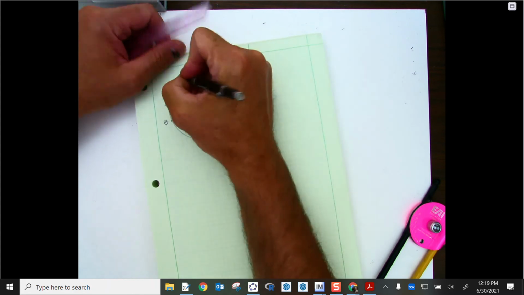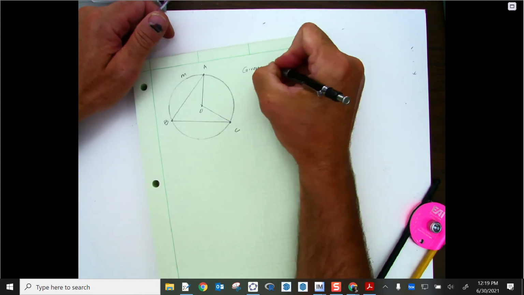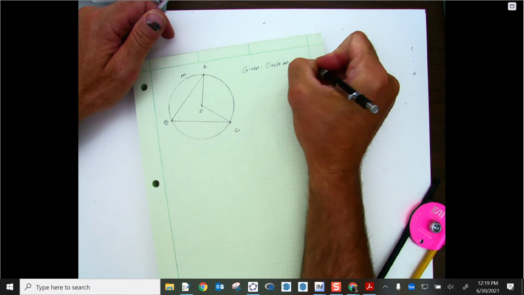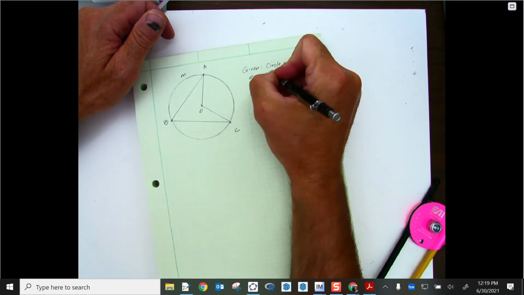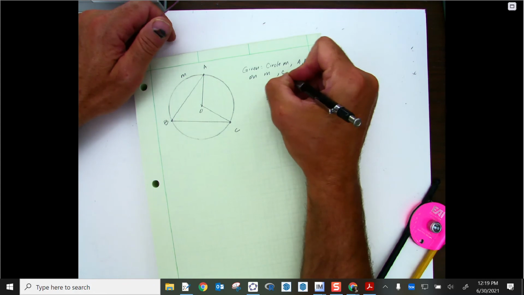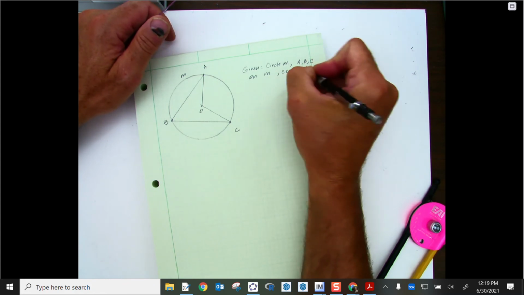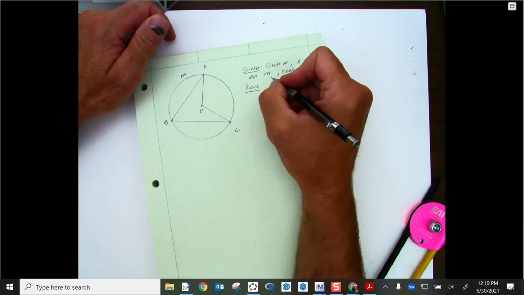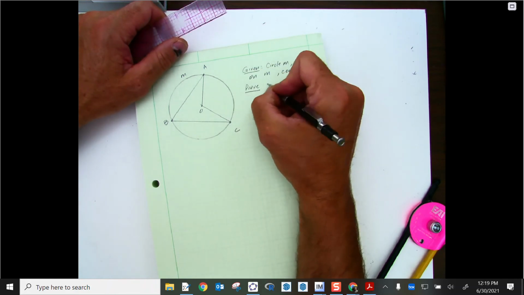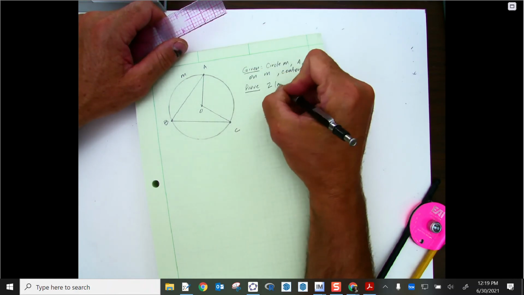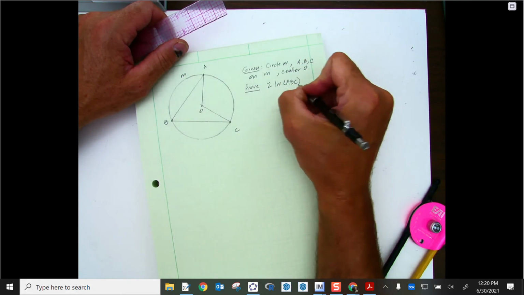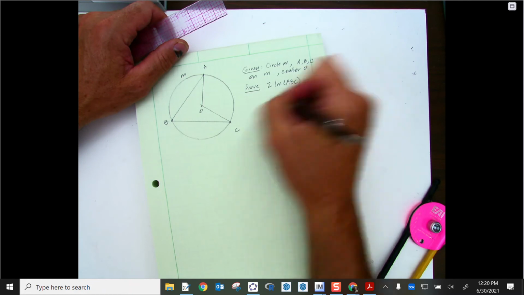We'll call it circle M. A, B, C on M, center O. What do we want to prove? We want to prove that 2 times the measure of angle ABC is equal to the measure of angle AOC.